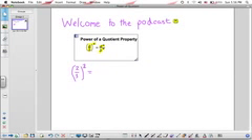Well, I think you're jumping ahead a little bit. We have to do 2 thirds times 2 thirds, right? When you square something, it means you multiply it times itself. Now on top, 2 times 2 is 4. And on bottom, 3 times 3 is 9. So that's where the 9 comes in.